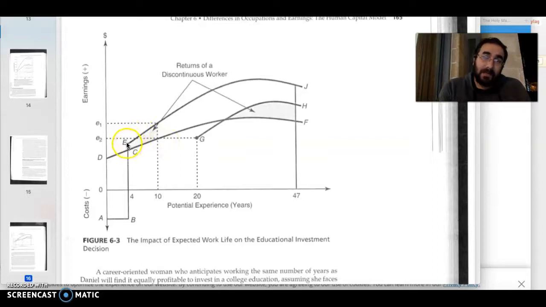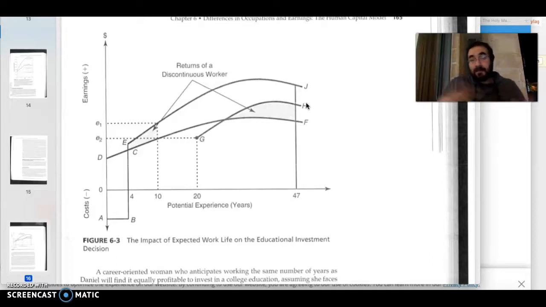The difference between EF and CF, this area, was the benefit of a person who would work for 43 years after 4 years of education, basically up to their 60s.